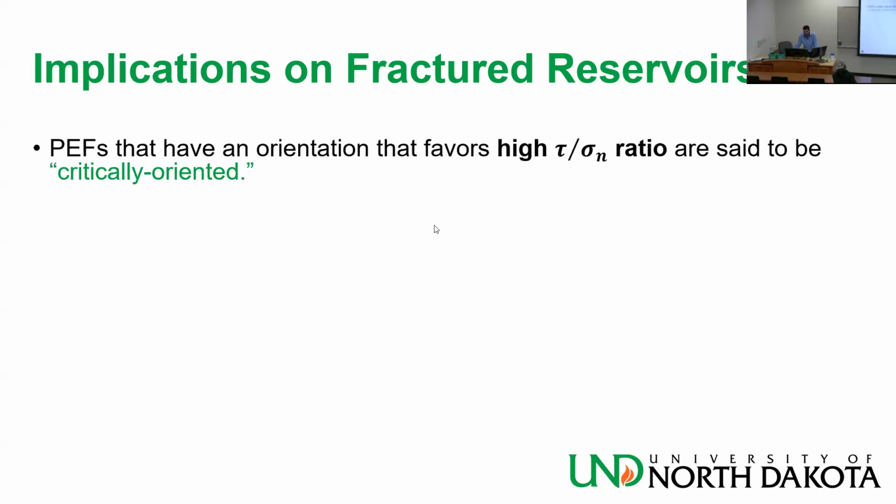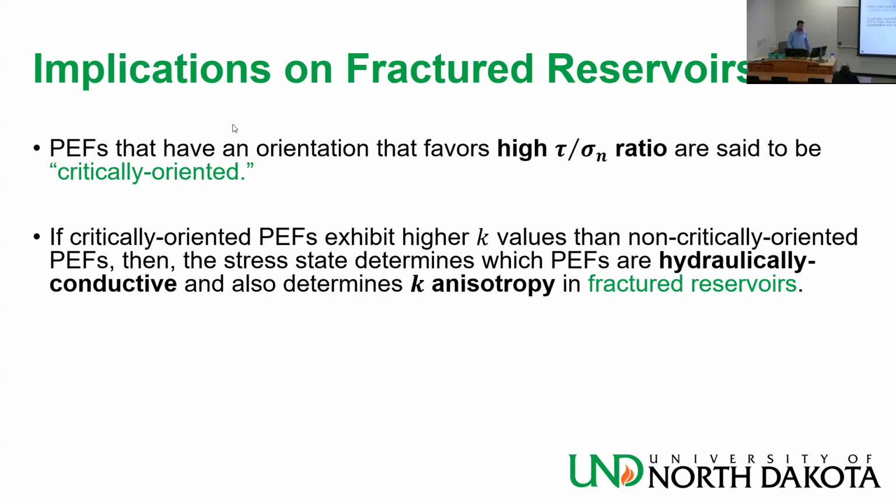PEFs that have an orientation that favors a high tau over sigma E ratio are said to be critically oriented. Those are the ones that are easier to slip. If critically oriented PEFs exhibit higher permeability values than non-critically oriented PEFs, then the stress state determines which PEFs are hydraulically conductive.